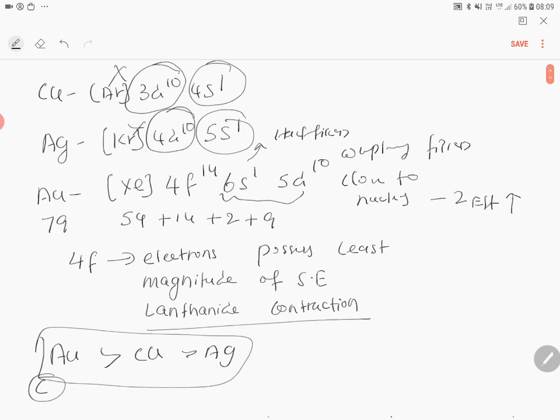Smaller the orbital means smaller the size of the atom, greater will be the ionization energy, because atomic radius is inversely proportional to ionization energy. We discussed this in periodic classification. Therefore this is the correct order of ionization energy. Option C is correct. Children, take it from me, this is a very beautiful question. If you know that 4f14 comes in gold, and it is not coming in silver and copper, you are through. That's it. Okay, great.